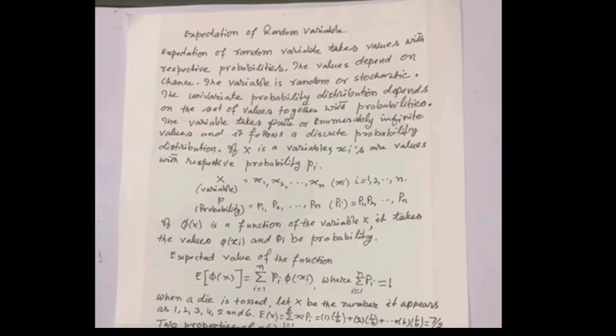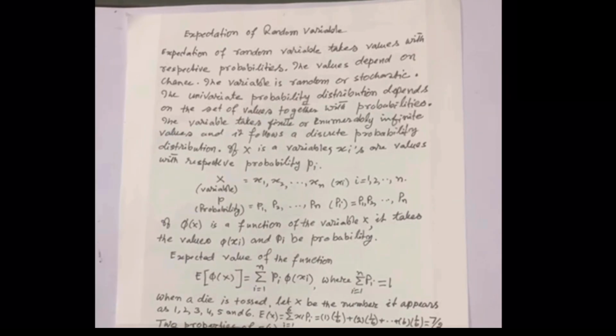If x is a variable, xi's are values with respective probability pi. So x is a variable, x1, x2, so on up to xn. They are values of the variable, so i ranges from 1 to n.